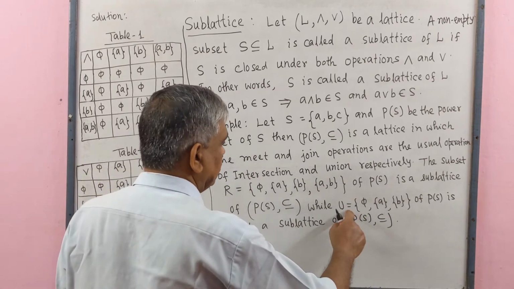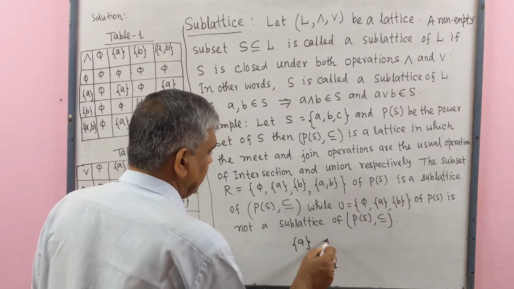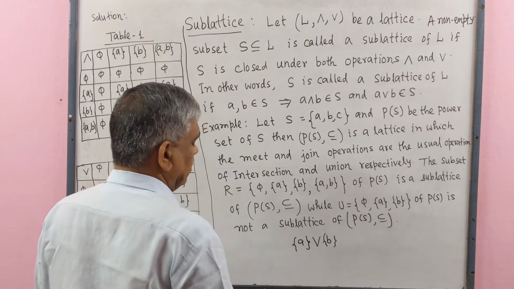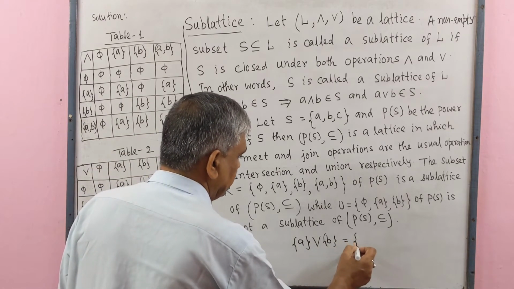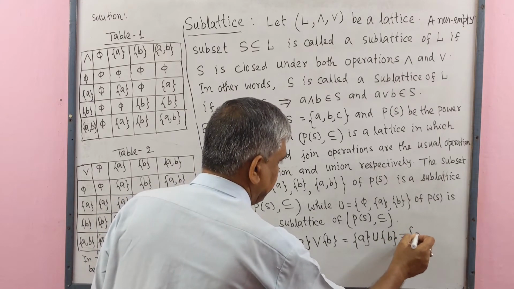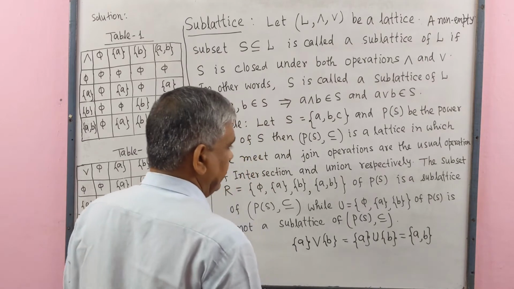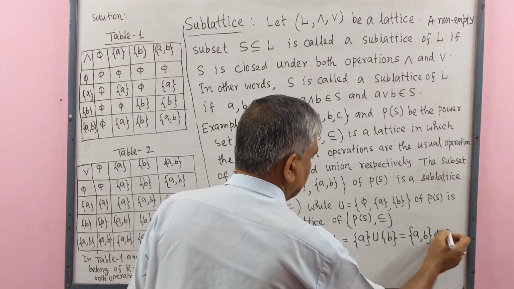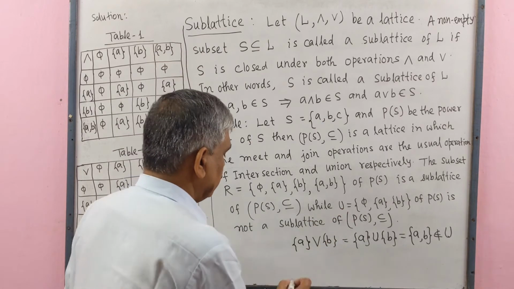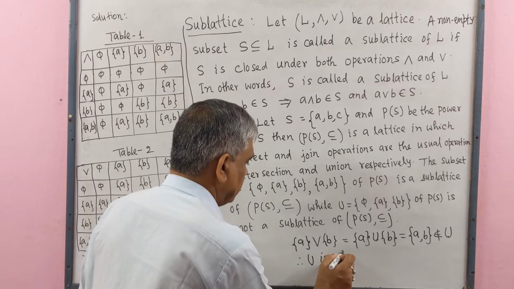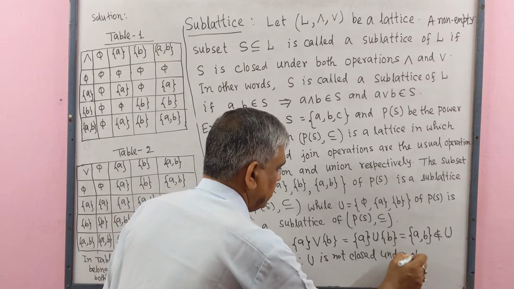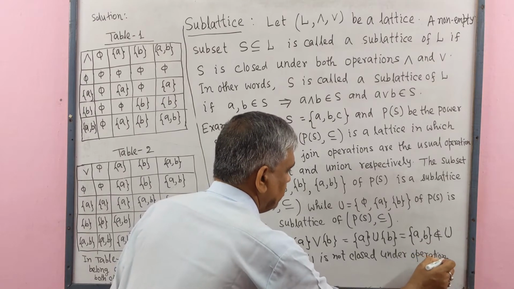If we take two elements of U, {a} and {b}, and take their join, meaning union, this equals {a, b}, which does not belong to U. Therefore, U is not closed under operation join.